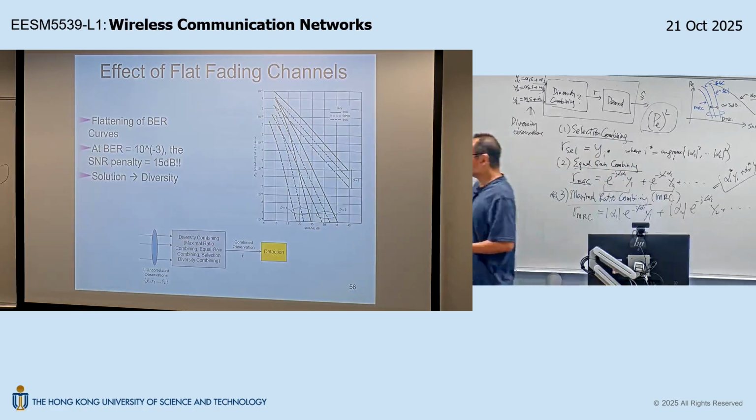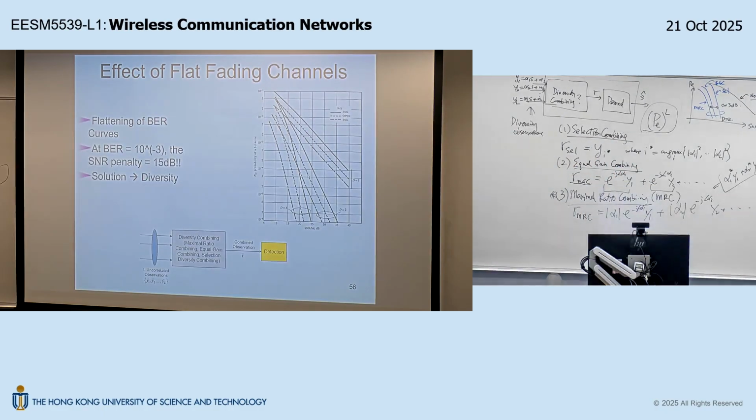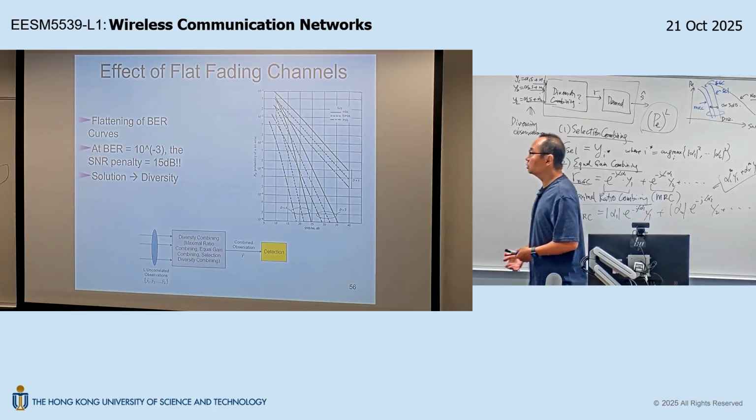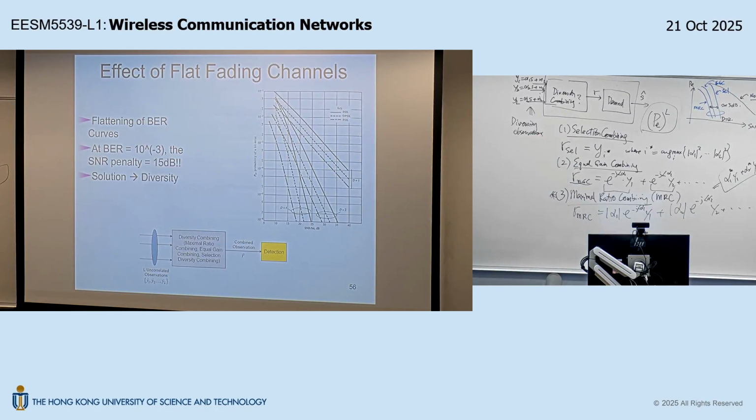Intuitively it's very simple. Each observation is equal to alpha plus noise, right? It's like I give you 100 observations, and you want to estimate the mean behind these 100 observations. What do you do? You do arithmetic mean, right? As simple as that. So this is how a receiver estimates the channel.